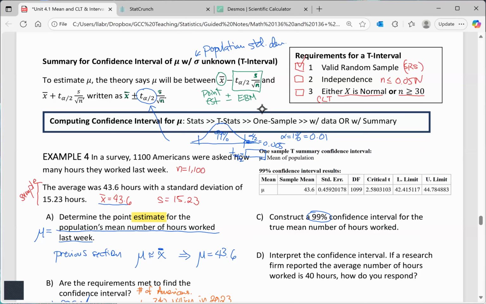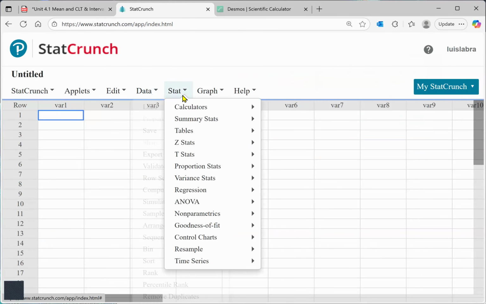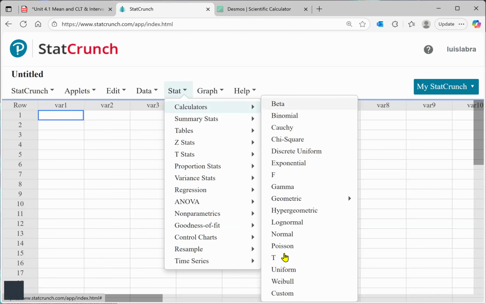The degrees of freedom for this, by the way, are very large. So my sample size is 1,100. So if I subtract 1, my degrees of freedom in that case is 1,099. So let's go ahead and actually find this using the calculator. So I'll go to stats, calculate. Remember that anytime you have a distribution and you're trying to find a probability or value, you go to calculator and you select your distribution.